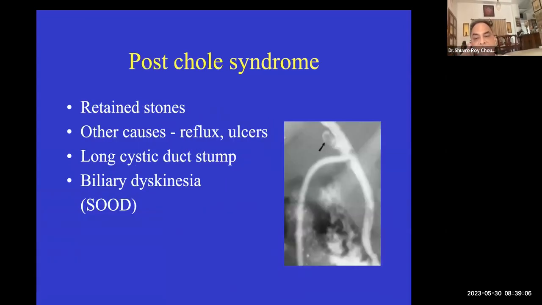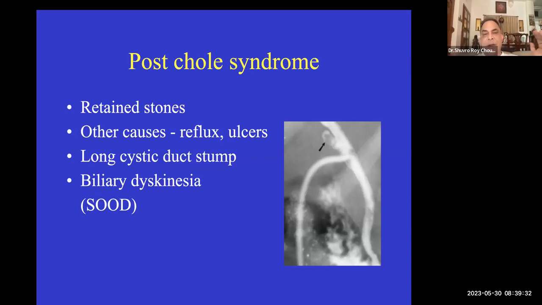A few terms about the post-cholecystectomy syndrome. It is a not very uncommon clinical condition that a patient presents with right upper quadrant pain or dyspepsia or early satiety. The typical biliary symptom complex. They get a surgery and their symptoms do not disappear.